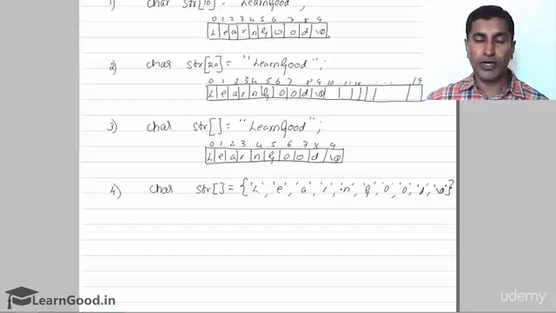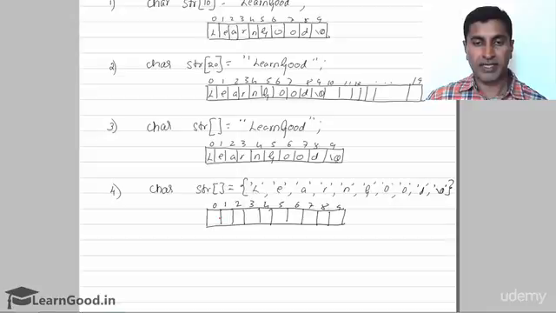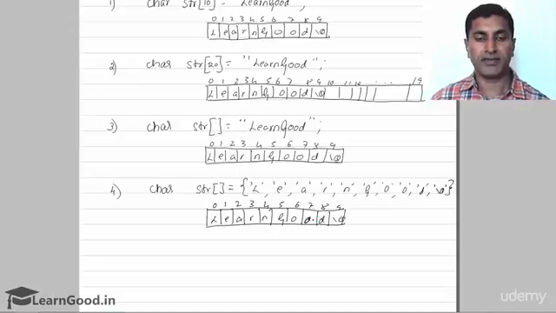Even in this case, it's going to create a 10 element array, because here I have stored 10 characters: 5, 6, 7, 8, 9, 10 characters, including that \0. So even in this case, it's going to create your 10 element character array. The index number starts from 0, and the data will be stored like this, and at the end you have \0.